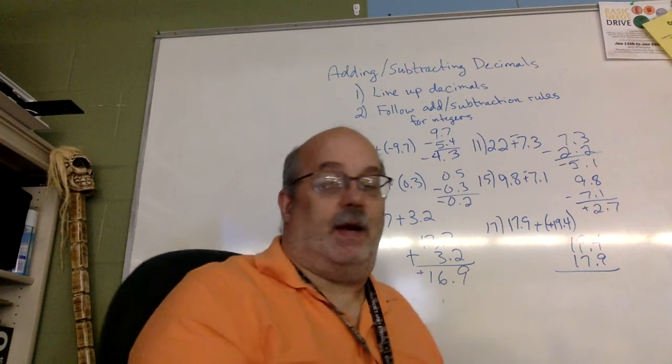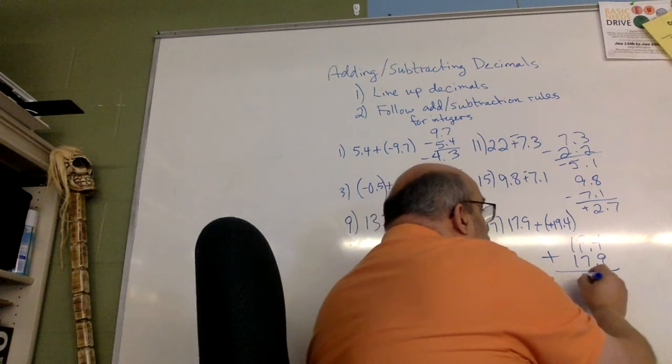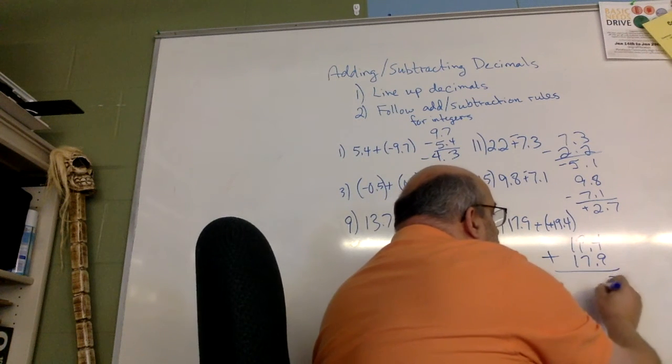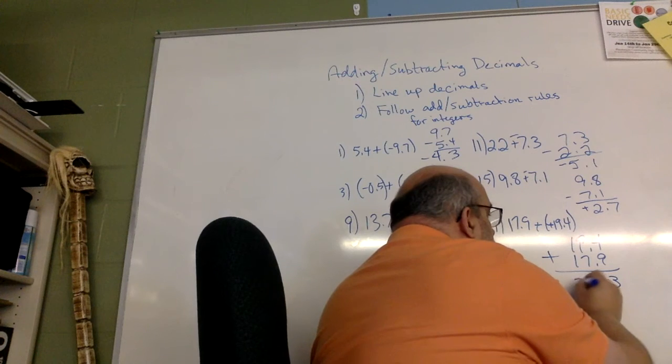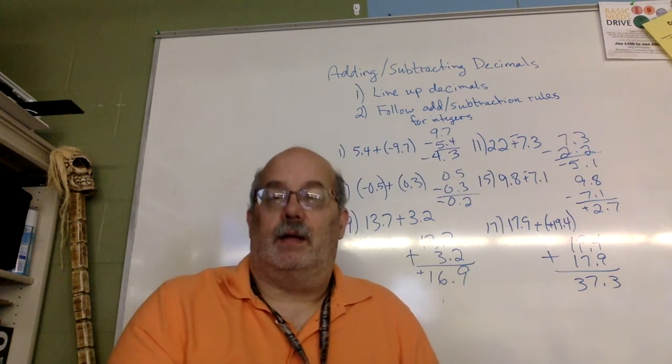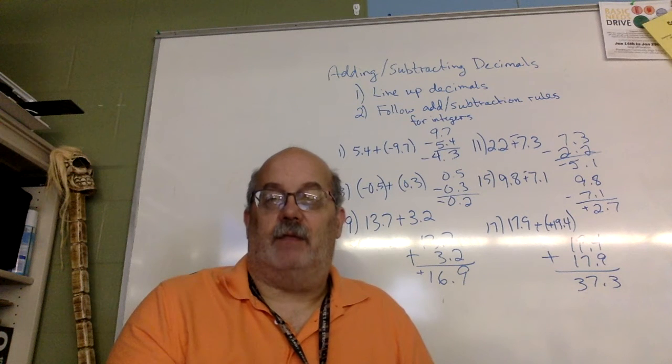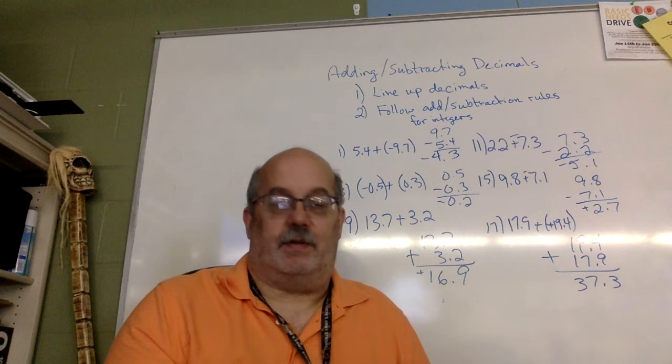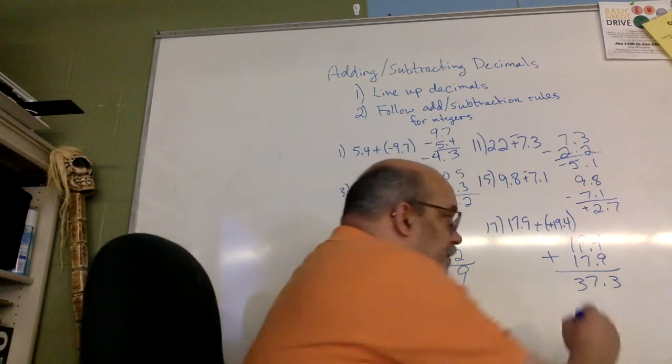Signs are the same, so I'm going to add. I get 37.3. Got to find out whether it's positive or negative. 19.4 is larger than 17.9. 19.4 is positive. Answer, positive.